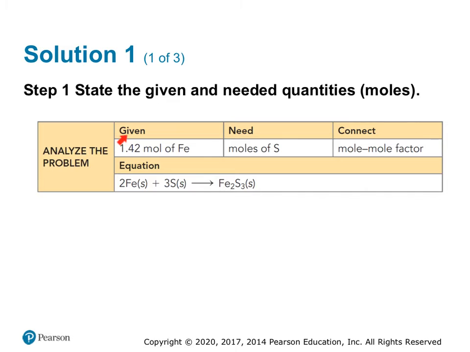So our given, or our known, is iron. We were given 1.42 moles of iron. So that's my known, and I'll start there at the top of my mole diagram, in the center under moles of known. Then I need moles of sulfur. So I'm going to use a mole to mole factor, or the mole to mole ratio, to get us from moles of iron, which is our known, to moles of sulfur, which is our unknown.